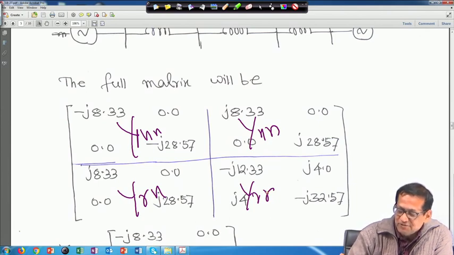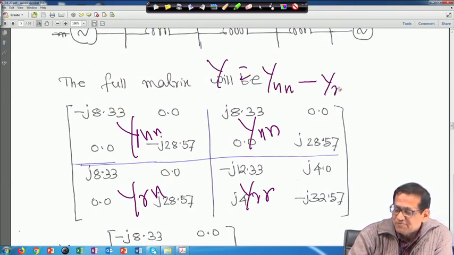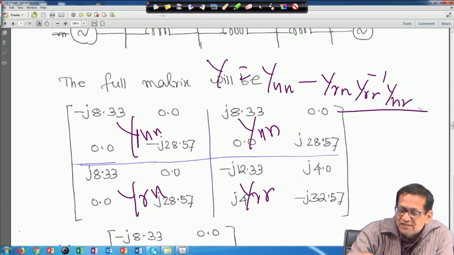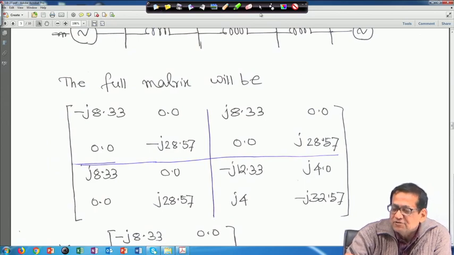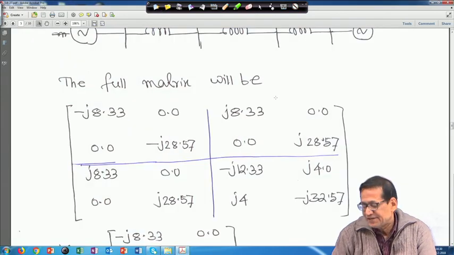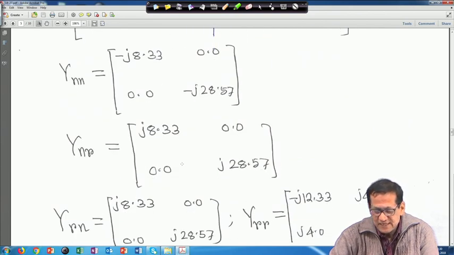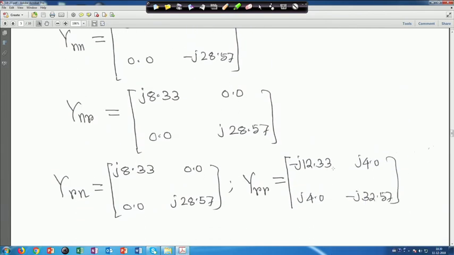You use the same relationship, that in general Y is equal to Y n n minus Y r n, then Y r r inverse, then Y n r, right. Then it will be reduced to a 2 into 2 matrix. So, this is Y n n, this is Y n r, this is Y r n, and this is Y r r, right. You have to invert that Y r r.